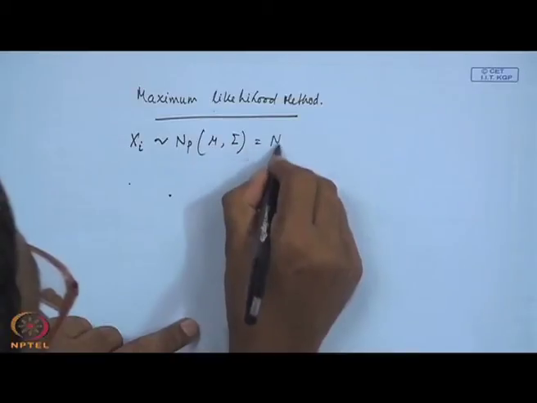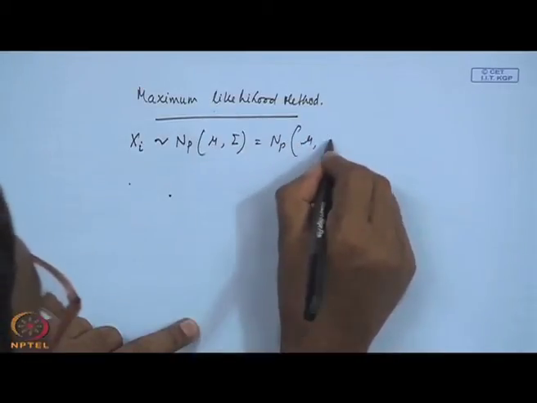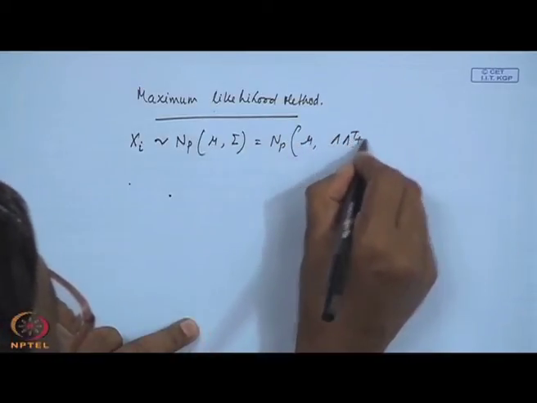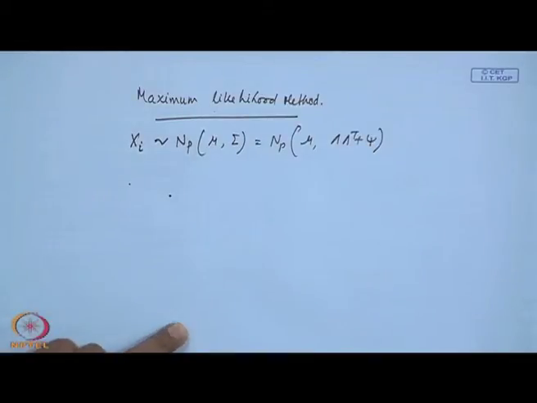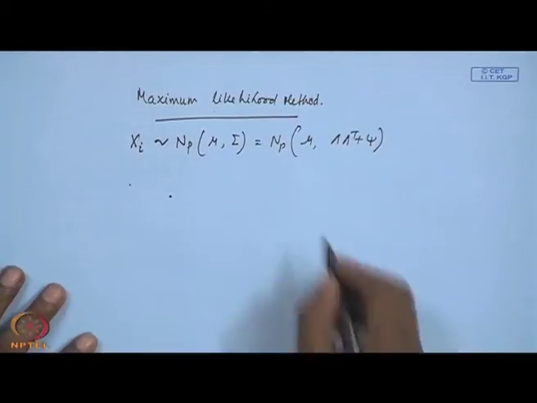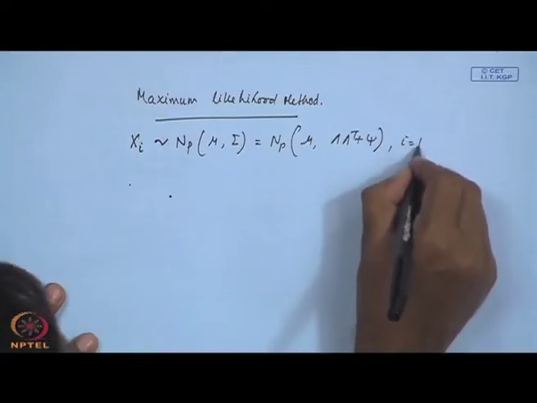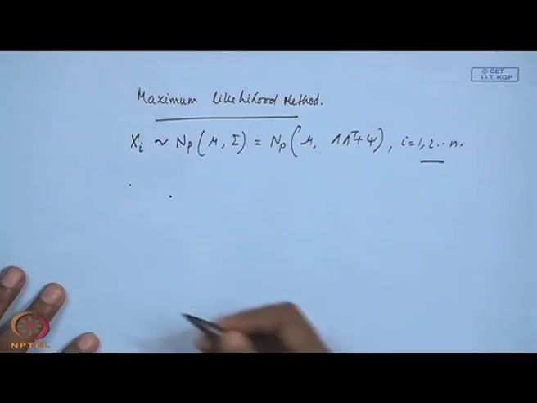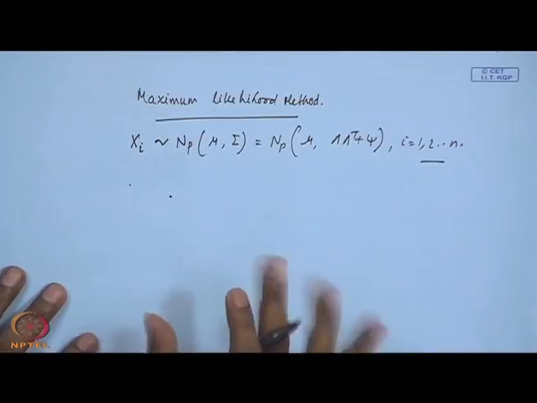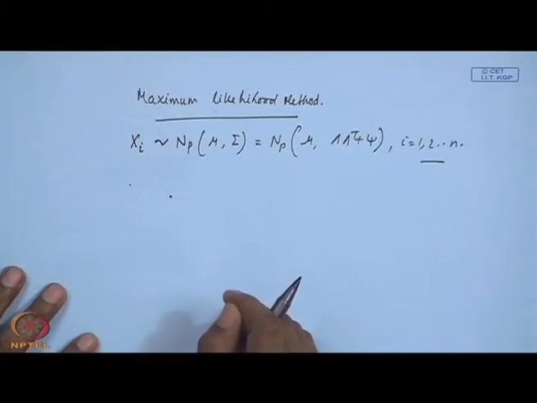So we can say that N_p(mu, sigma), where sigma is Lambda Lambda transpose plus psi, that is the estimation, and definitely it is for i equal to 1 to n. You will be collecting n observations. Okay.